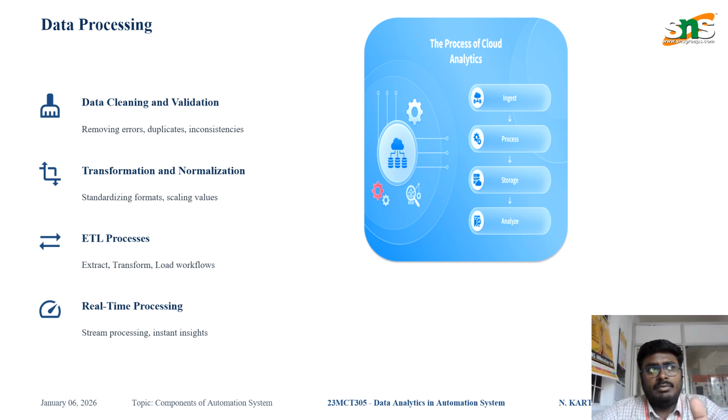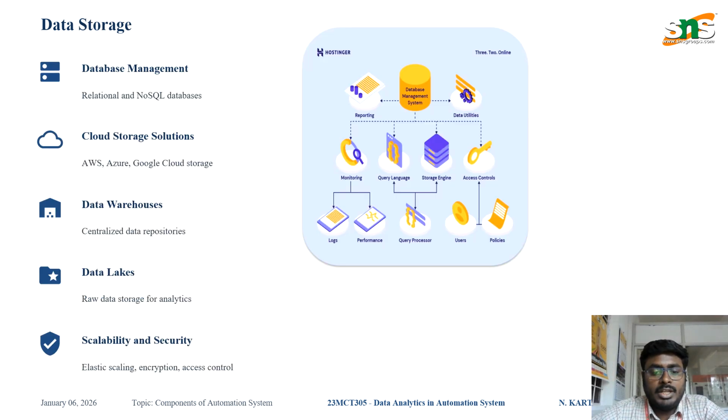We have collected the data and processed the data, followed by storing the data. Once processed, the data needs to be in a safe and scalable form. We can use database management systems like SQL for structured data and NoSQL for unstructured or semi-structured data. Cloud storage solutions such as AWS S3, Azure Blob, or Google Cloud are popular for their flexibility.